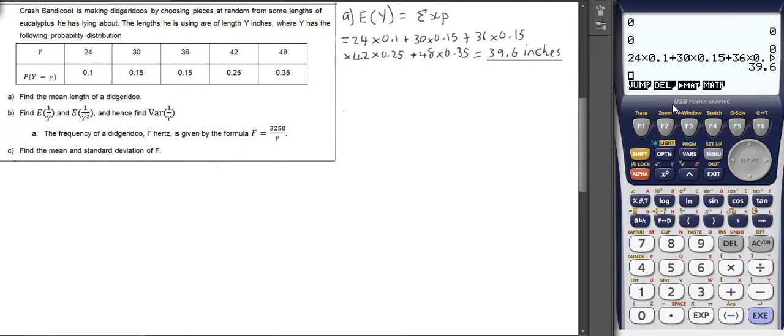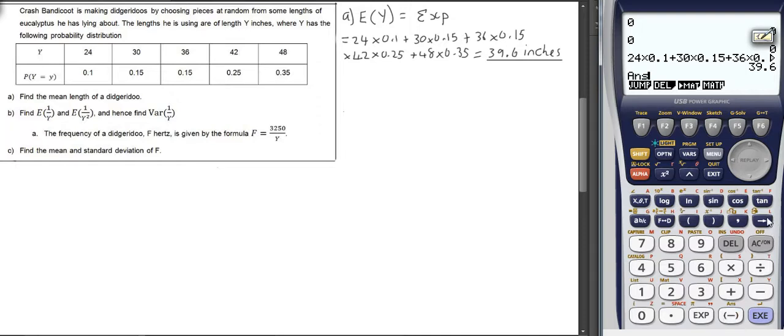And I'm actually going to store that in the letter A, because I'm pretty sure... am I going to use that value? No, actually I'm not. It's the others I'm going to store, so I'll just leave that where it is.